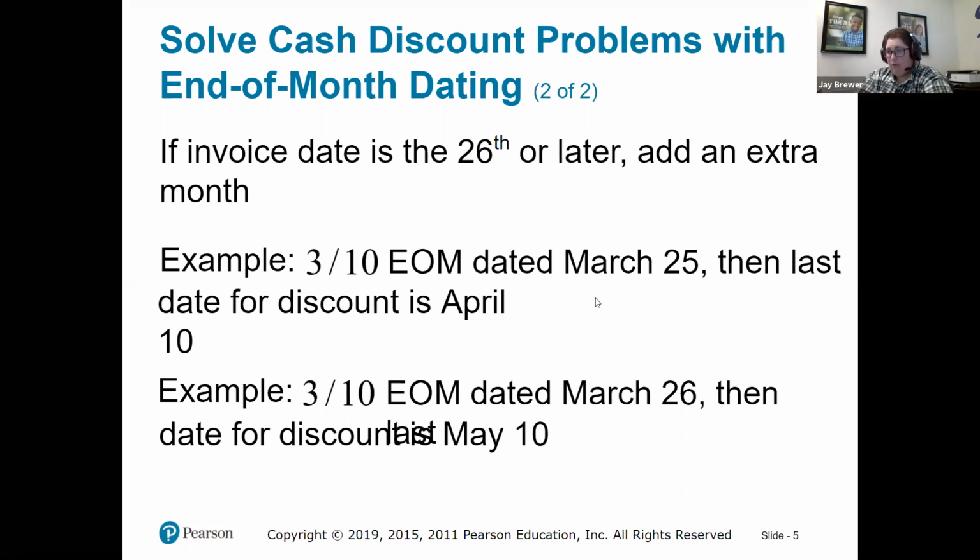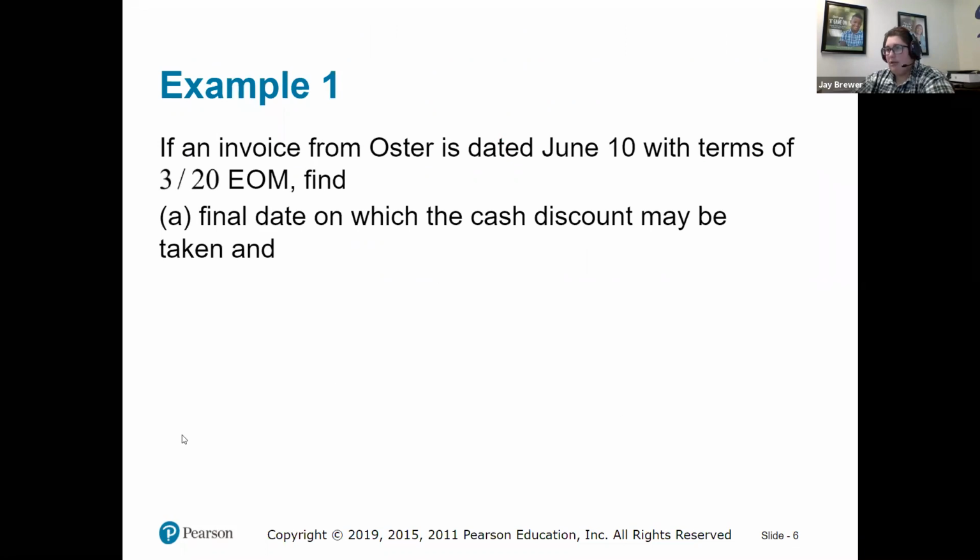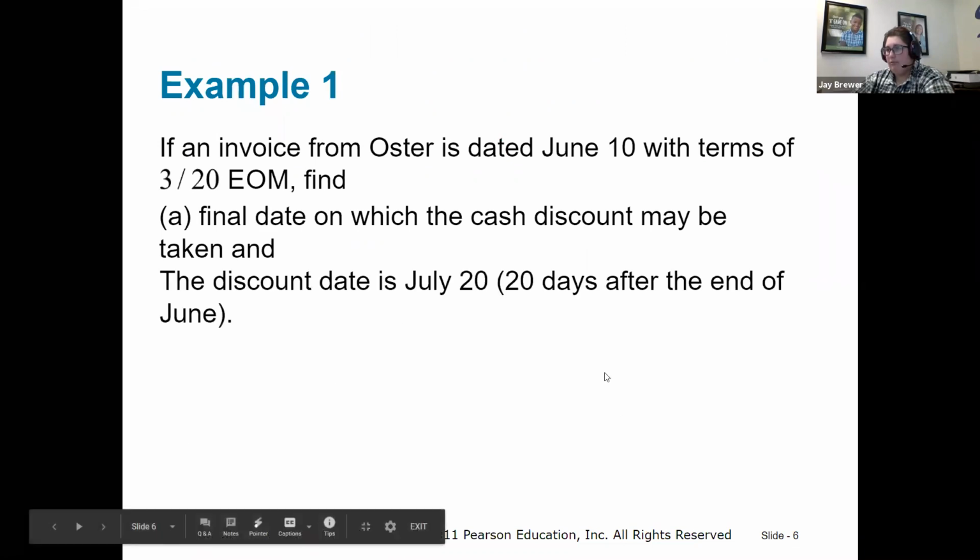So typically we would read that and go 3% as long as you pay within 10 days of the invoice date, but what they care about is if it's already after the 10th of the month, basically. So this is saying the 26th or later, then we're going to go to the next month that is the 10th of the month.